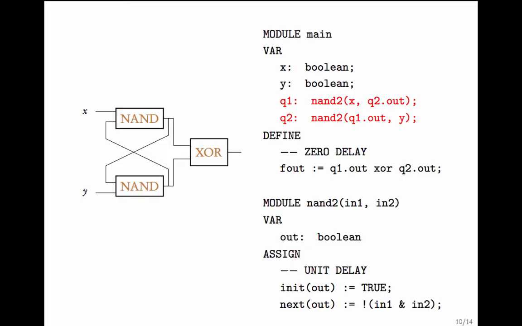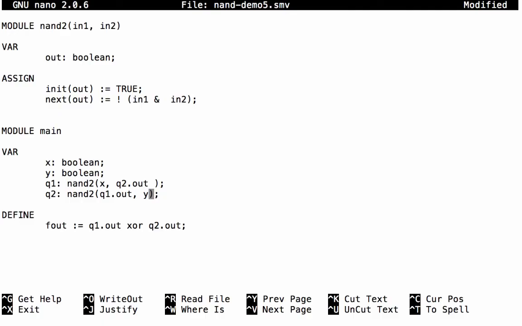Let us now try to simulate the transition system of this circuit. Here is the code. There are two NAND2 type variables.